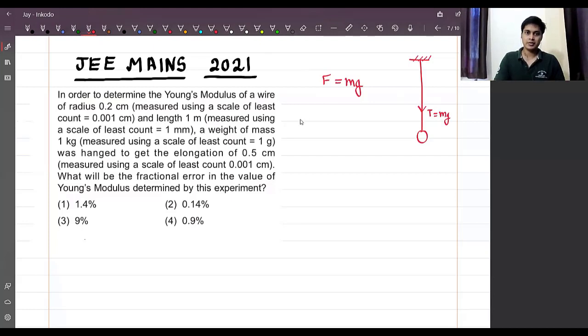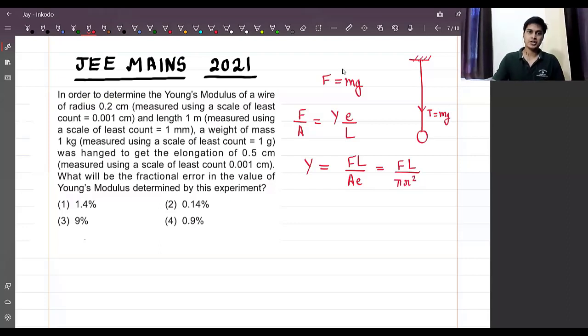So stress will be F upon area, that will be equal to Young's modulus into the extension divided by the length. If you want to write it in terms of Young's modulus, this will be FL by AE. Now, area is not given, but radius is given. So I'll modify this equation as FL by pi r square, and instead of F, I can write mg.